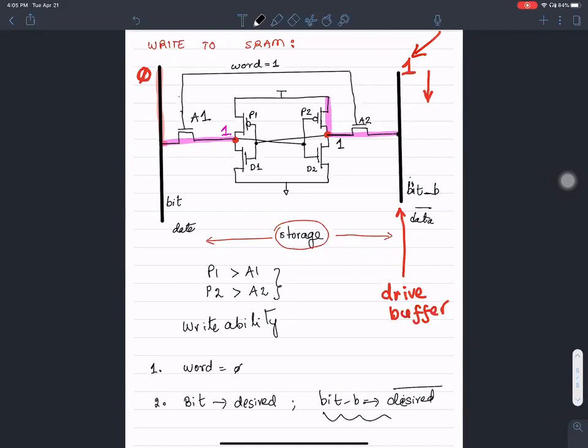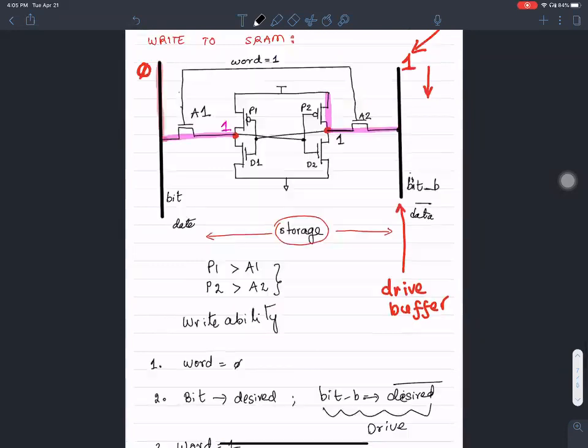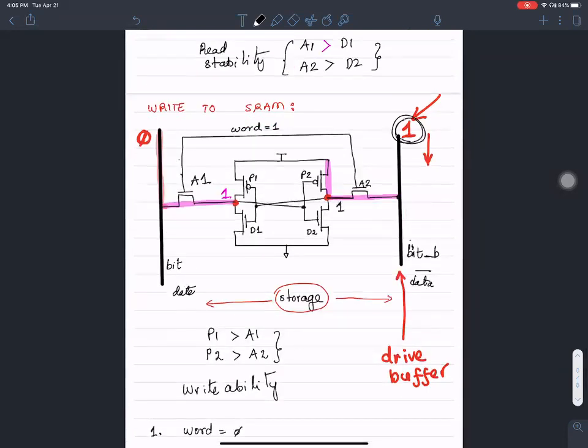You drive this value using the write buffer or the drive buffer. Then you make the word line equal to 1. Then the 1 here overpowers what was initially sitting over there, which is 0, and mirrors itself from the data line into the memory here.